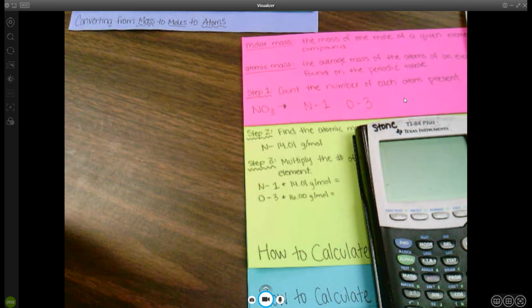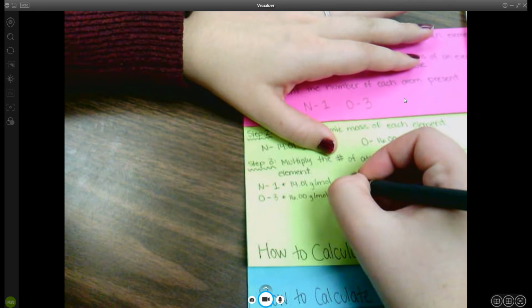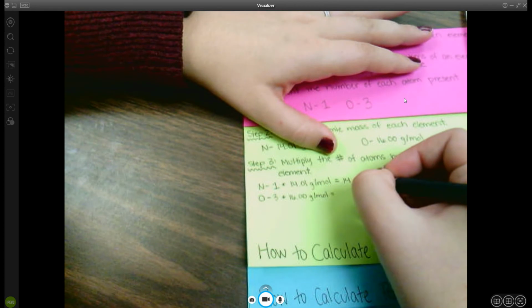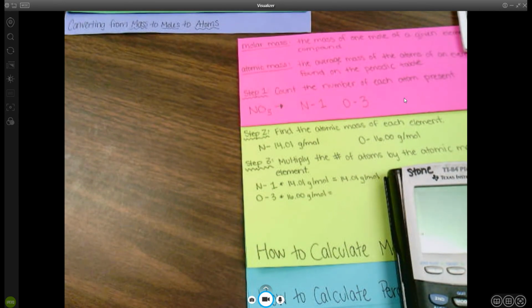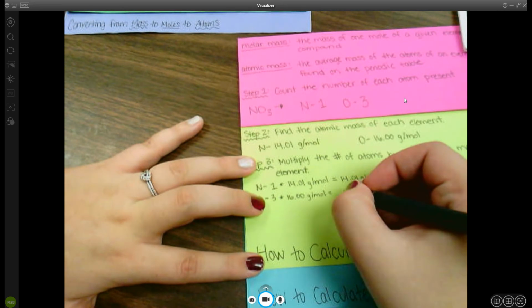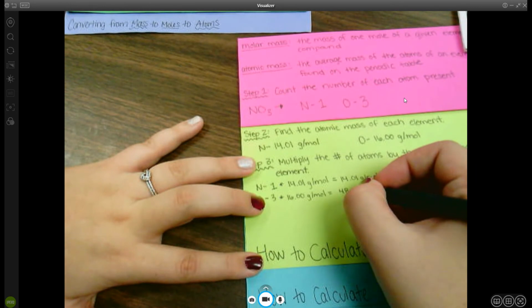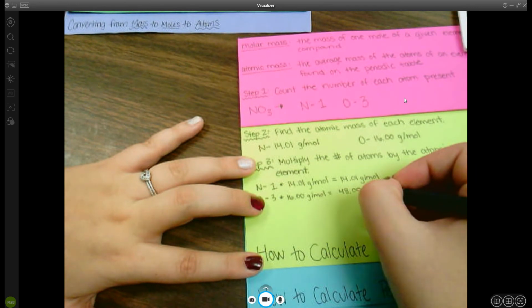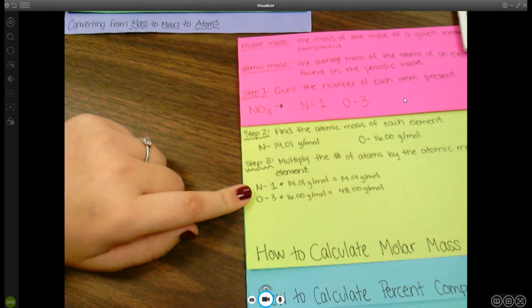So we have 1 times 14.01. I don't need a calculator for that. That's just 14.01 grams per mole. And then I don't need a calculator for this other one, but I'll do it anyways. So 3 times 16.00 is 48. Okay, so 3 times 16.00 grams per mole is 48.00 grams per mole.